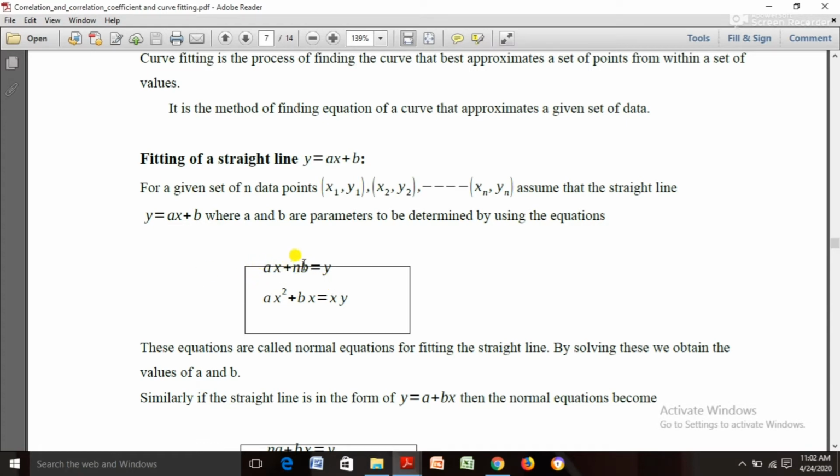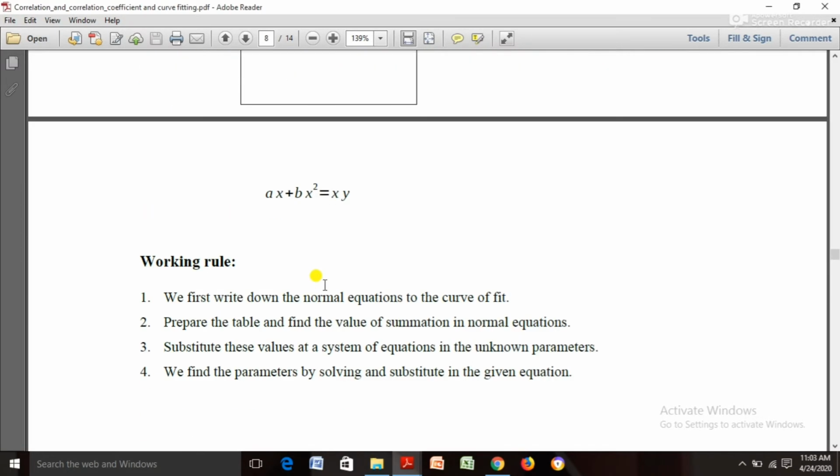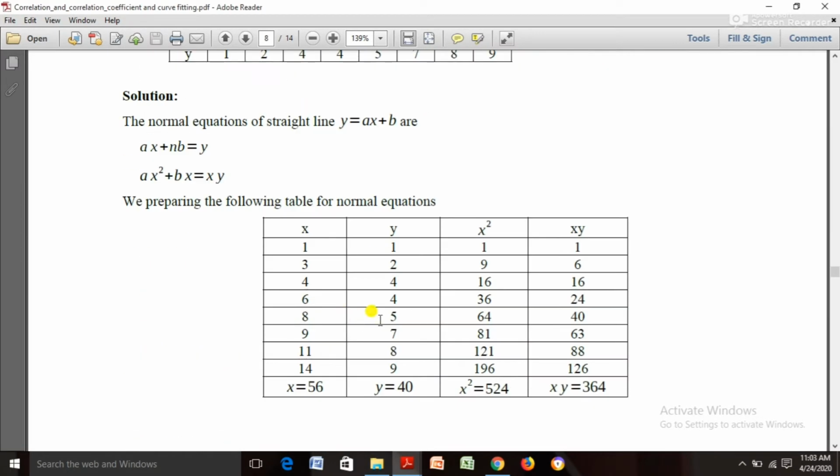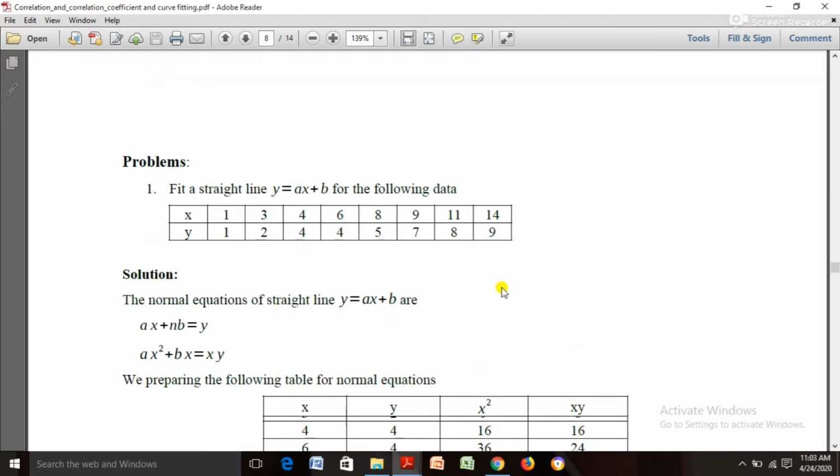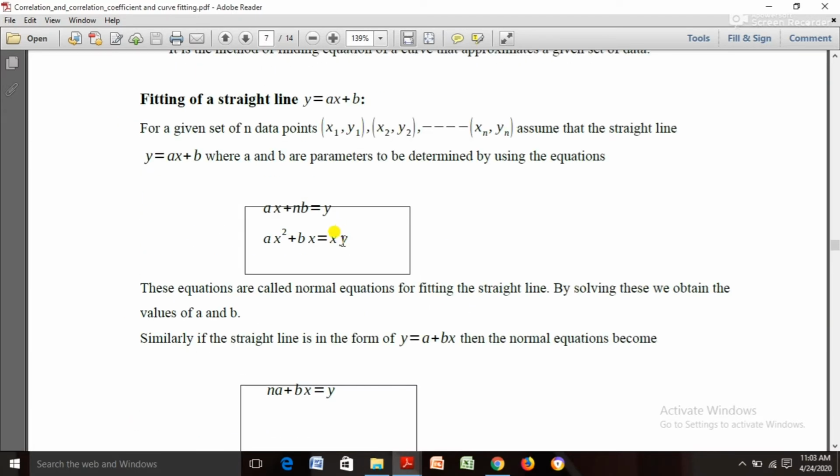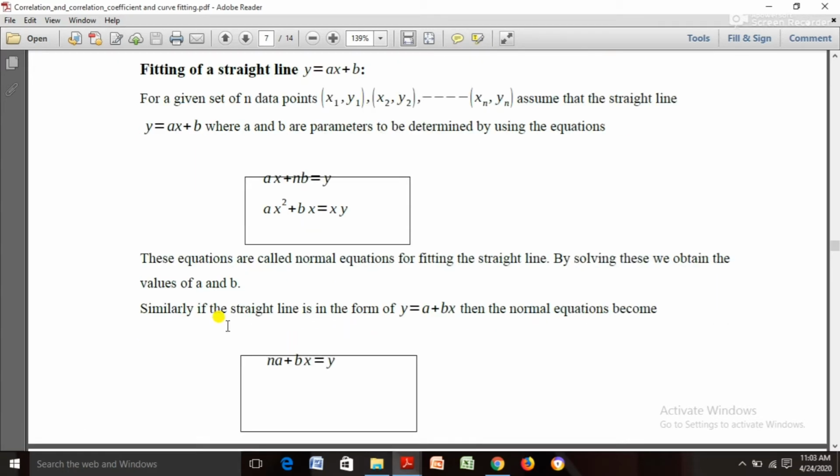Just x and y values are given, we have to find x square and xy using simple mathematics, using columns in a table. You find these two values, substitute and simplify. These equations are called normal equations for fitting the straight line. By solving these we obtain the values of a and b.